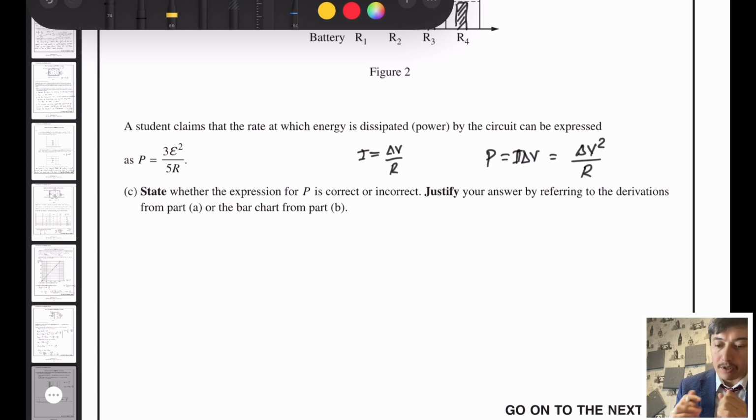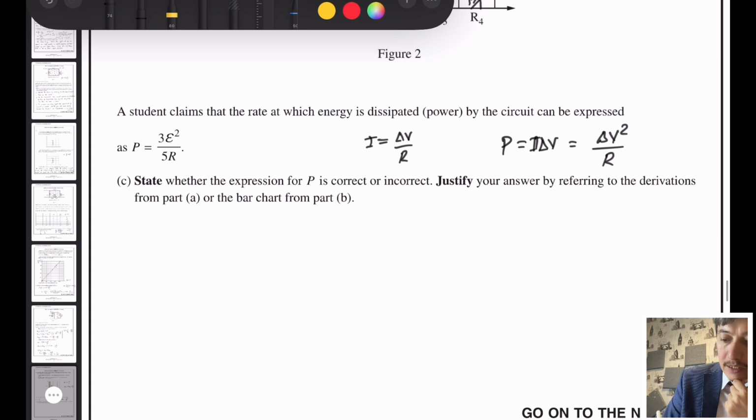We can just use that to justify our answer. So in that case, we have current 3 epsilon over 5R and changing potential as epsilon in the main battery. So if you multiply them, we have the same result. So yes, the expression is correct.